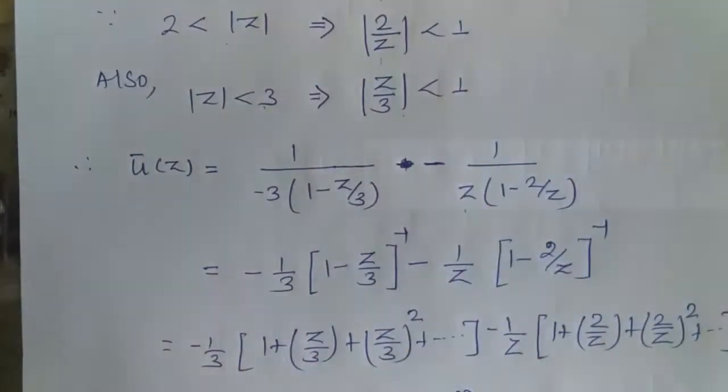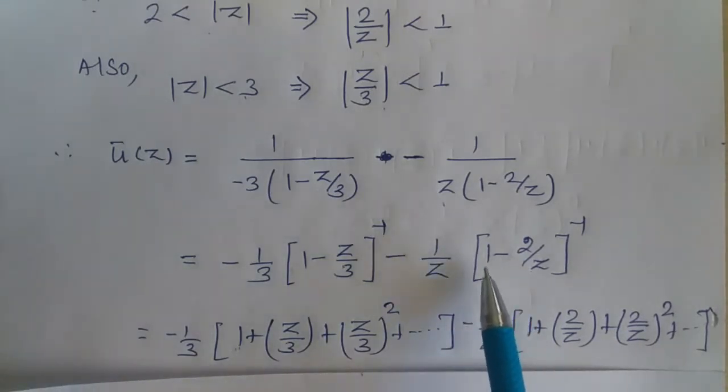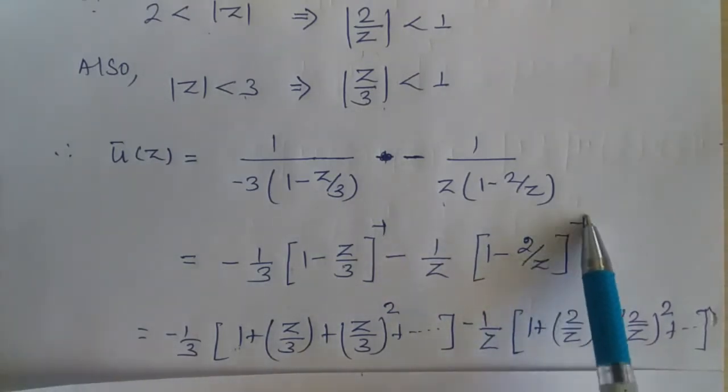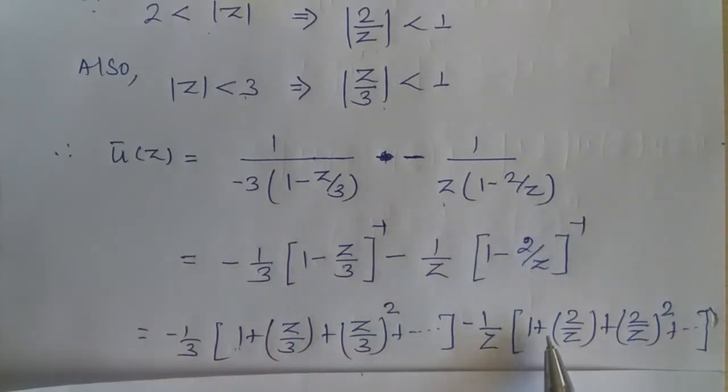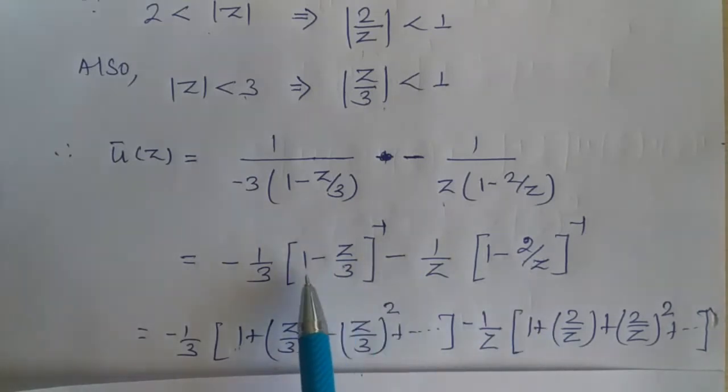Then we have 1 plus Z by 3 plus Z by 3 whole square. Here we get minus 1 upon Z as it is. Then binomial expansion of 1 minus 2 by Z whole inverse gives 1 plus 2 by Z plus 2 by Z whole square plus 2 by Z whole cube and so on. So these are the expansion of these two expressions using binomial theorem, 1 minus x whole inverse.